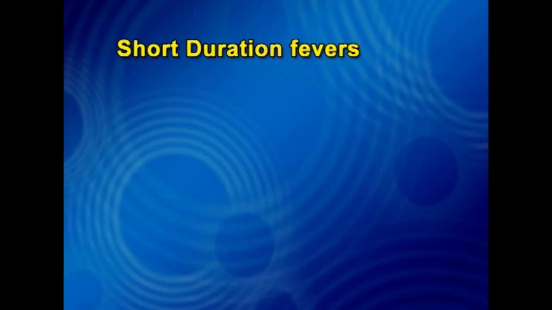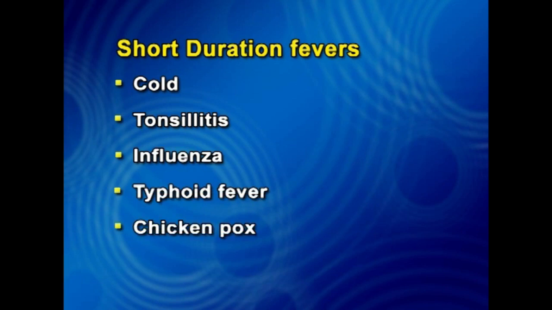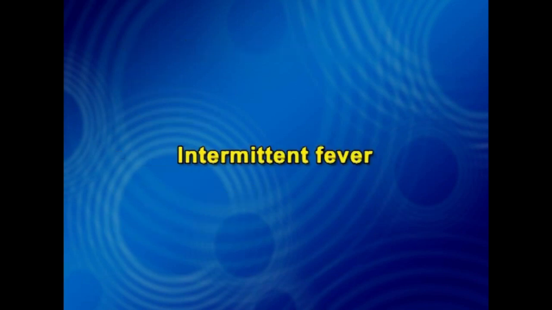Now, fevers have different durations. They can also be classified based on the duration for which they are present in the patient. We classify them as short duration fevers such as cold, tonsillitis, influenza, typhoid fever, chickenpox, etc. Then intermittent fever, which comes and goes periodically.